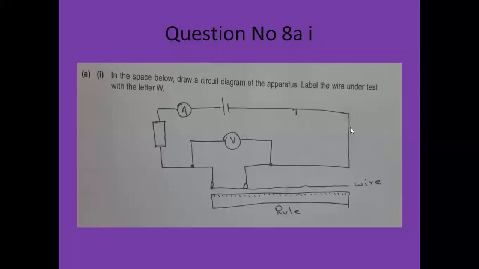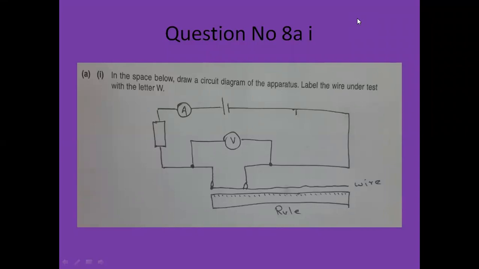Here you can see I have drawn the circuit diagram. I have shown a battery, an ammeter, a fixed resistor, and then we have taken a wire. I have used crocodile clips, and the left crocodile clip is at the start of that wire, and the other crocodile clip, which is on the right side, can be moved.